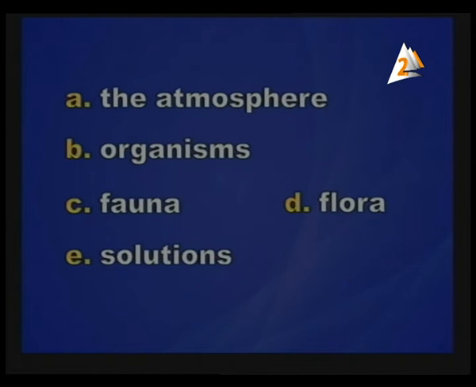Yes, the right choice here. This cement comes from solutions passing through the rock and containing many elements, and they start to deposit in the pores of these sediments as cement. So the right choice here is the E choice, solutions.